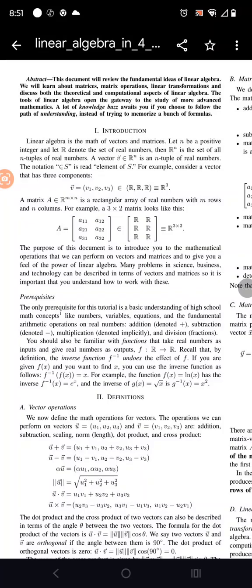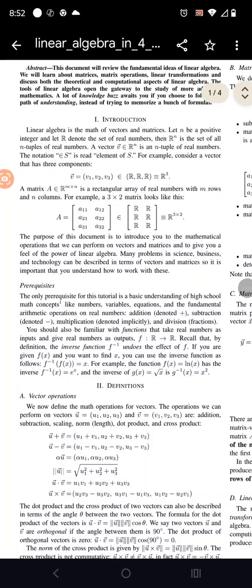For example, the function f(x) equals ln of x has the inverse f inverse of x equals e to the power x. Similarly, the inverse of g(x) equals root of x is g inverse of x equals x squared. Yeah, it's very reasonable. The inverse of root of x is x squared.